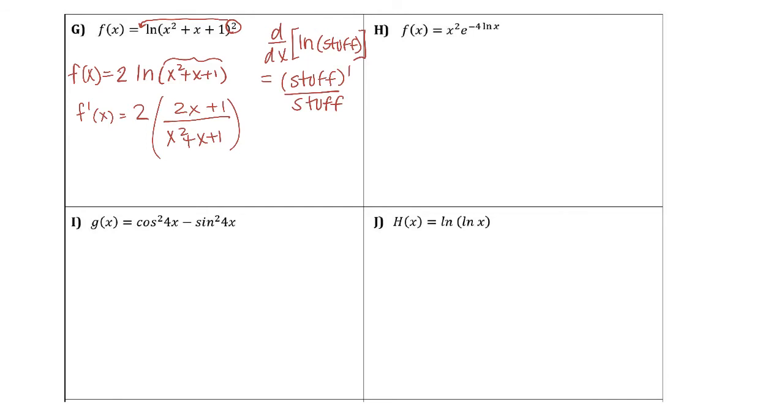All right, so for this one, this is where we're going to use some of those nice little values of e that we wrote down the other day. So let's do some rewriting with that. So here we're going to say f of x equals e to the x squared. Now this negative 4 right here, just like we moved the exponent down to the front, we can move it back up. And so when we do that, notice we're going to have e to the natural log of x to the negative 4.